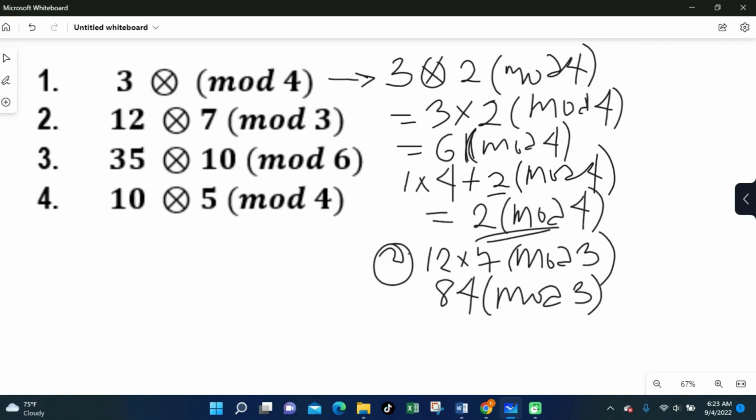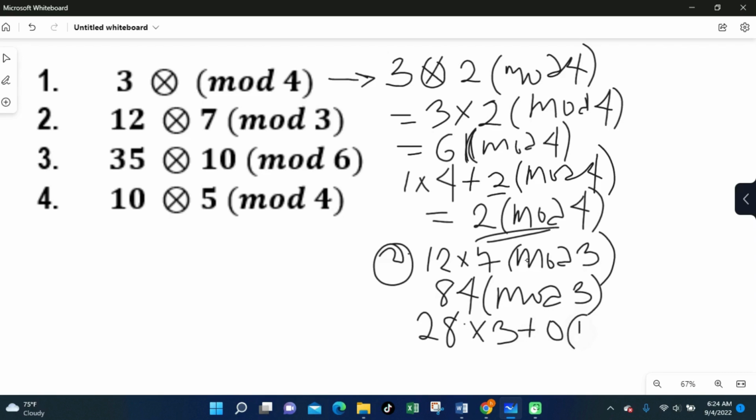If we want to break down 84 in order to have a good remainder, 84 will have 28. If we multiply 28 by 3, we are going to have 84, but there will be no remainder.